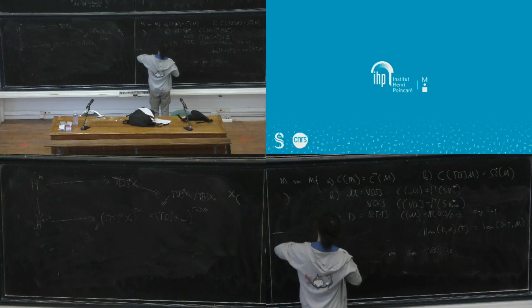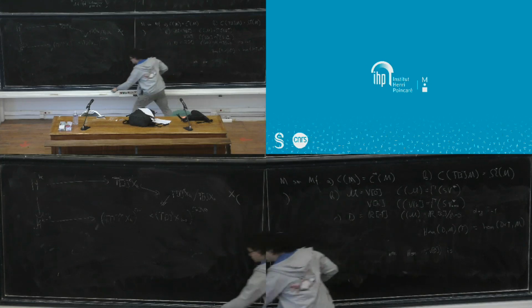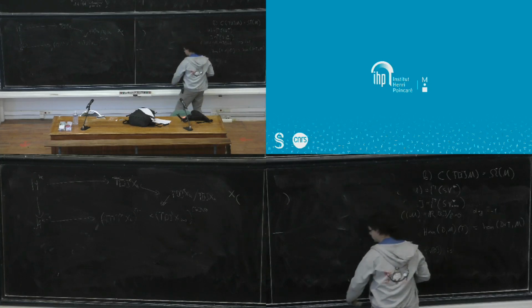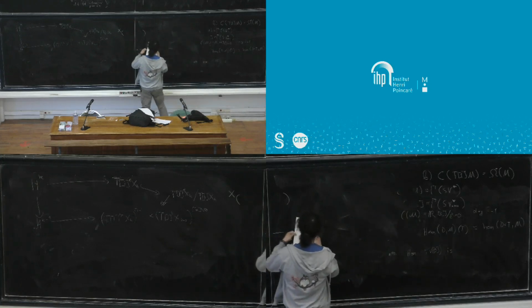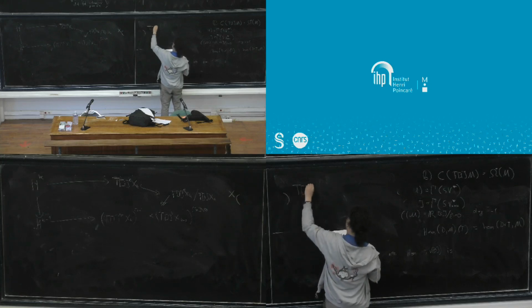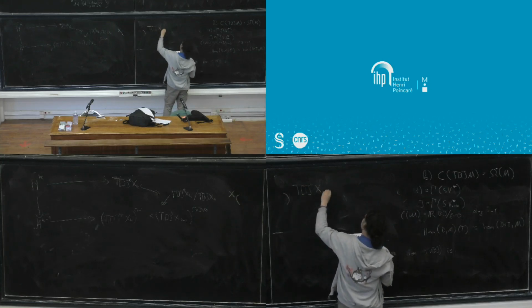There will be a fiber product, and the other component is T1^k X_k^0.